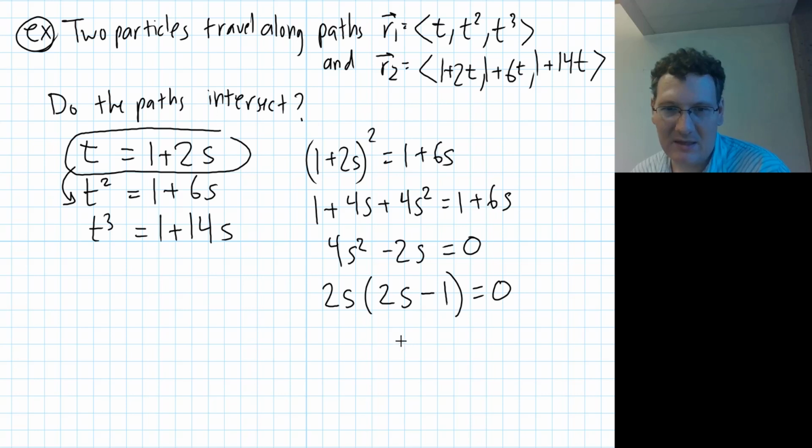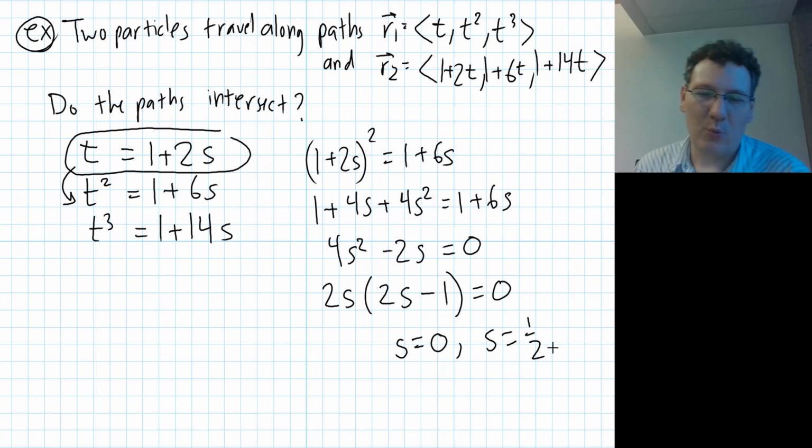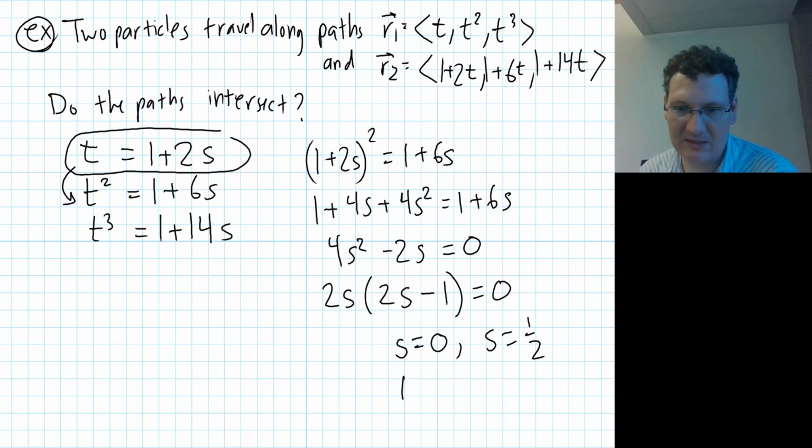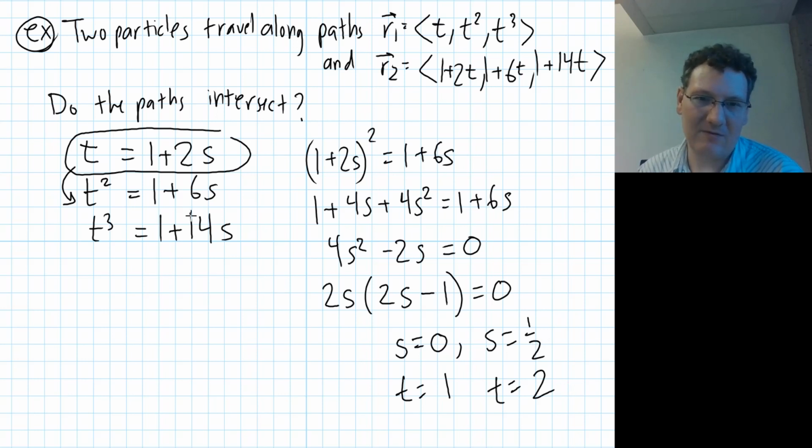So we get s equals 0, and when s equals 1/2, we get a point where the first component matches. The corresponding t for 0 would be 1, and the corresponding t would be 2 for the second one. I'm plugging 1/2 in for s in this first equation.